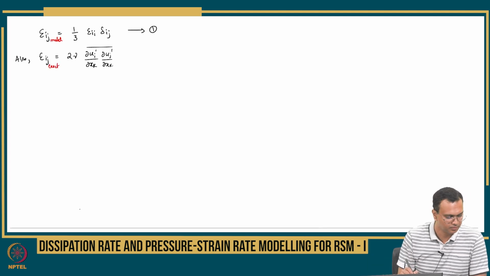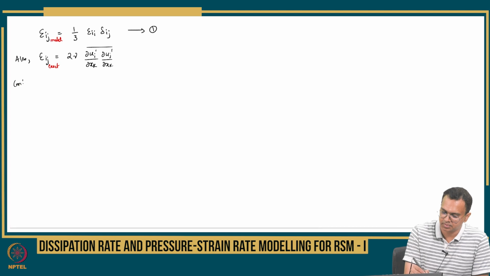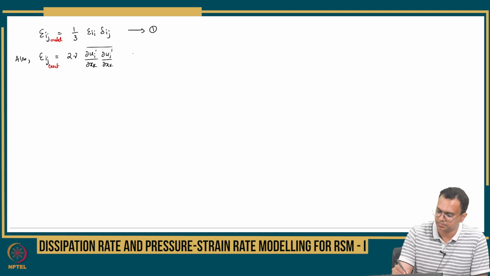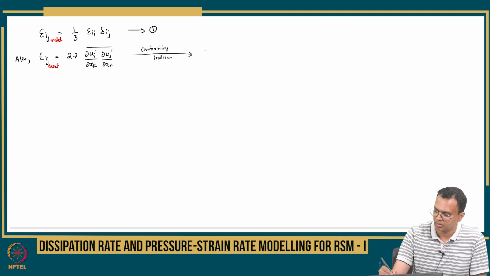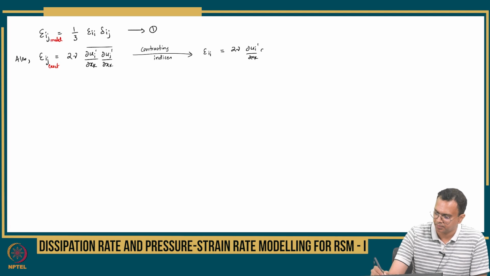If I contract the indices, that is, setting i equal to j, I would get epsilon ii equals 2 nu dou ui prime by dou xk, dou ui prime by dou xk.